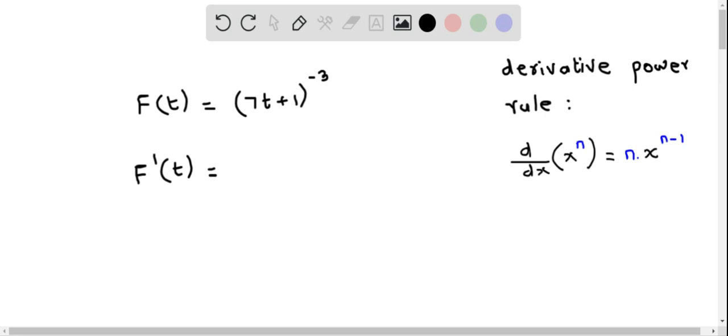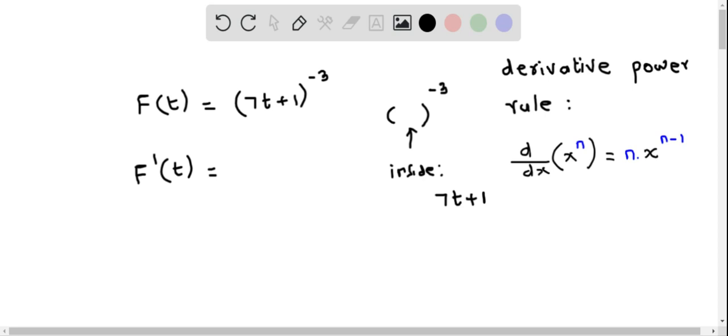Here the outside function is the exponent function, and the inside function is the polynomial expression 7t plus 1. When we apply the chain rule, first we have to find the derivative of the outside function at the inside part.